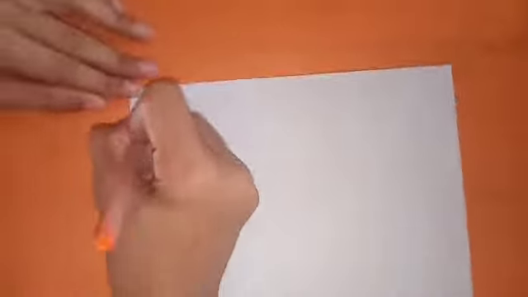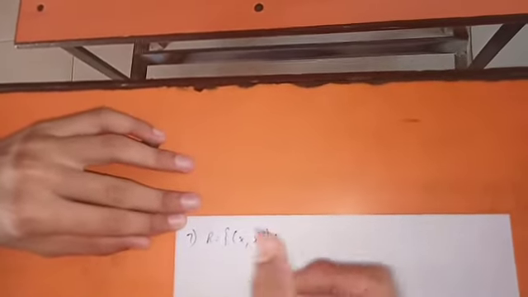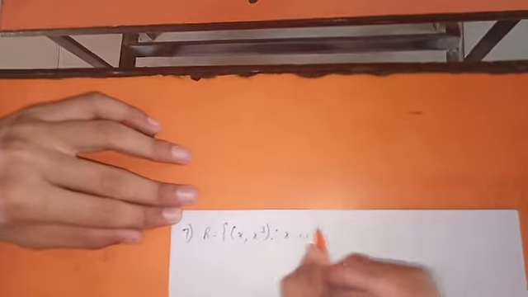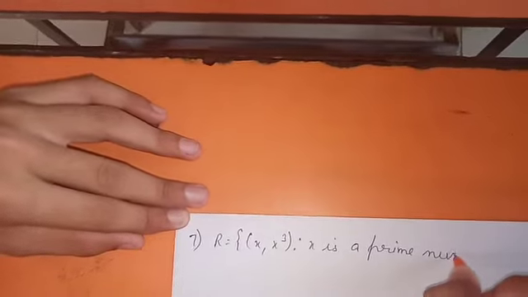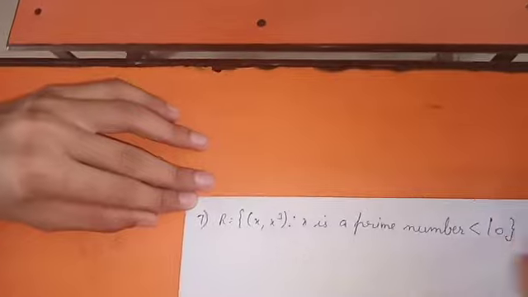So question number 7. Write the relation R in roster form. In the 7th, the relation is given to us that R is equal to x cube, where x is a prime number less than 10.